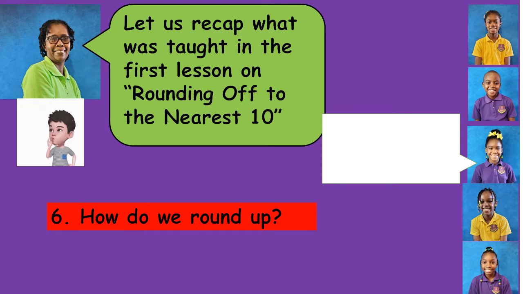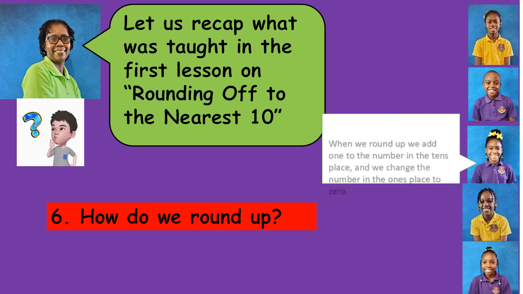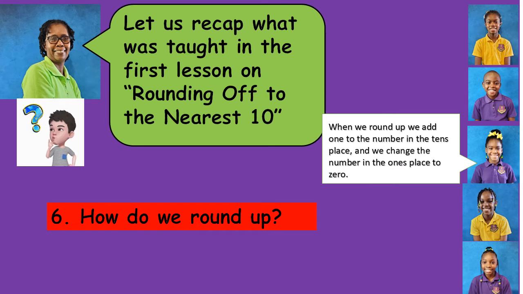So Sarah is saying, when we round up, we add 1 to the number in the tens place, and we change the number in the ones place to 0. Excellent job. Excellent job. You are doing an awesome job, my boys and my girls.